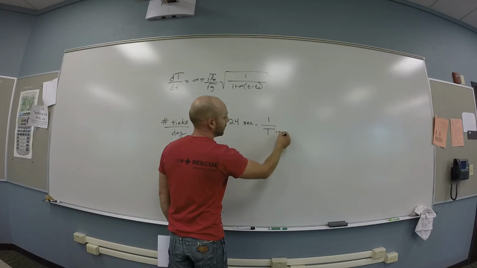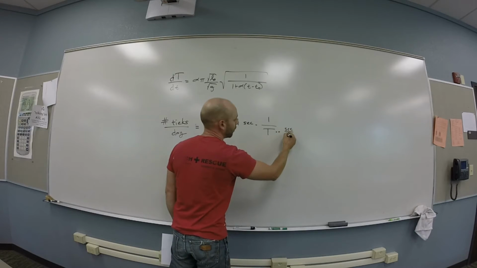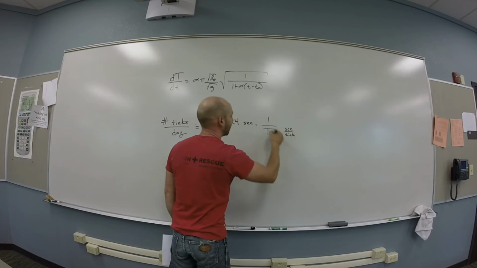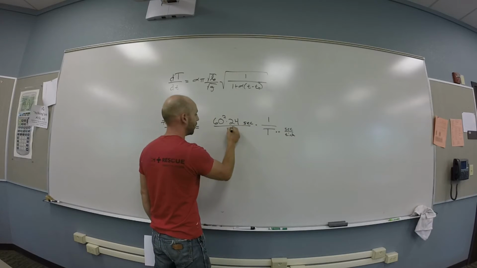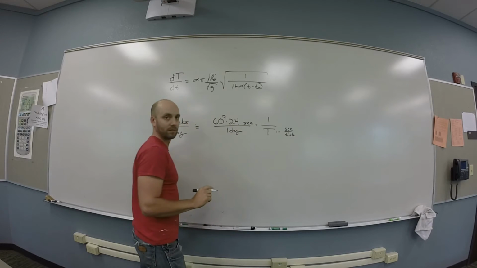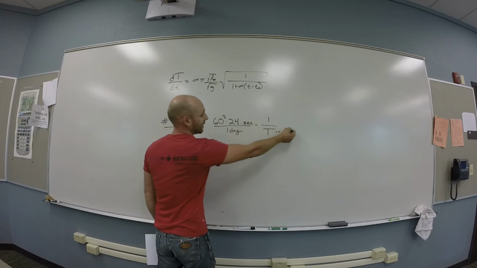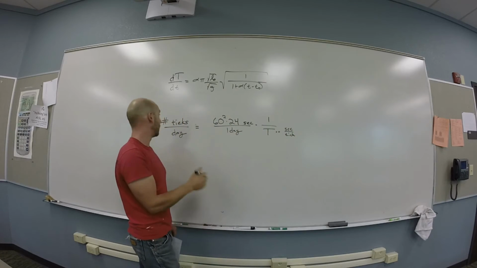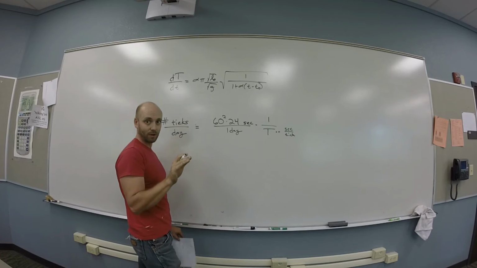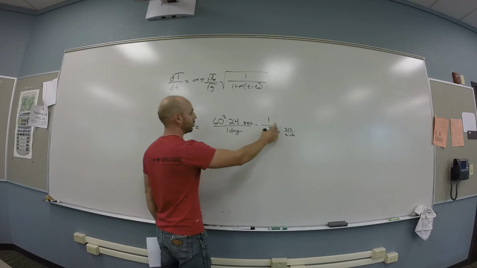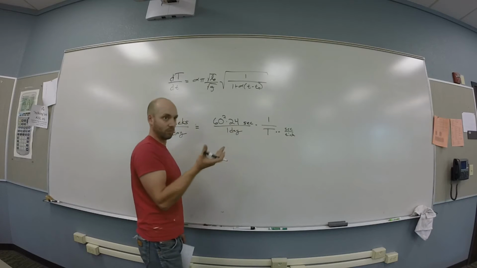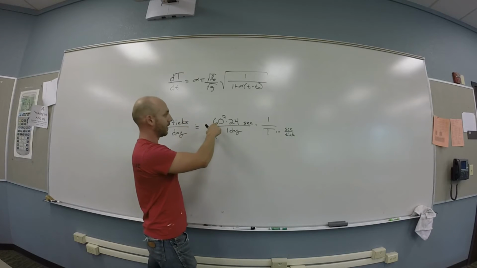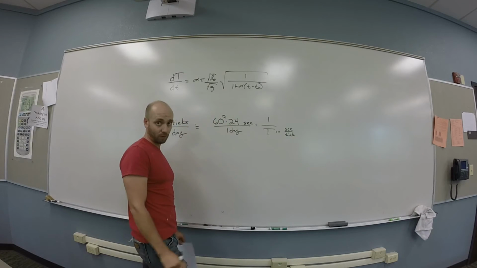So this is seconds per 1 day, so the seconds cancel, and 1 over ticks is ticks on the top and days, so we get ticks per day, right? And in an ideal world, T is 1, so the number of ticks per day is just 60 squared times 24.